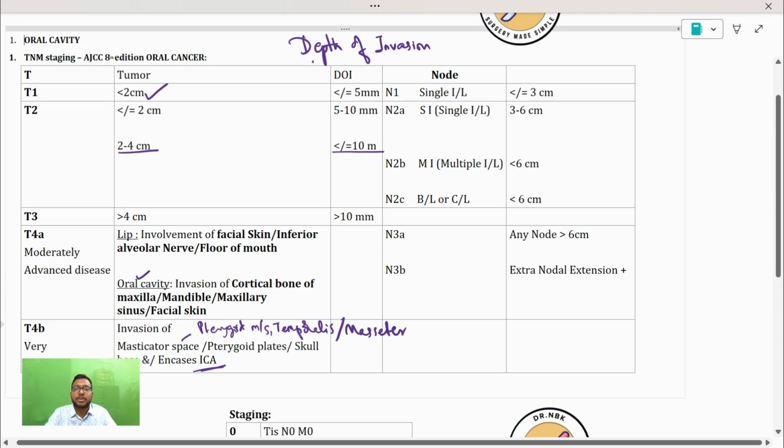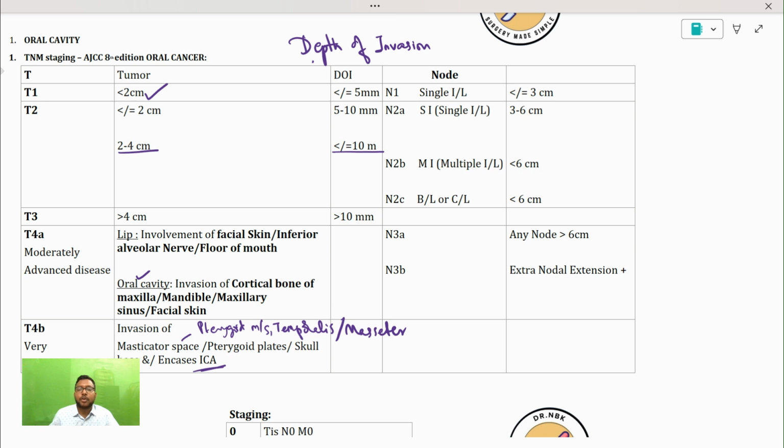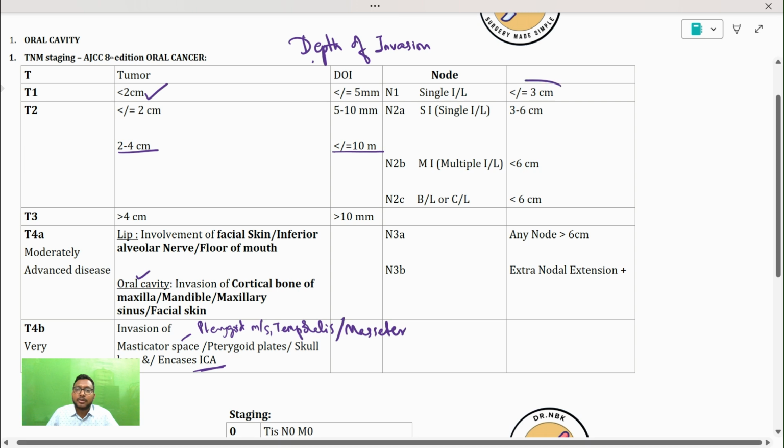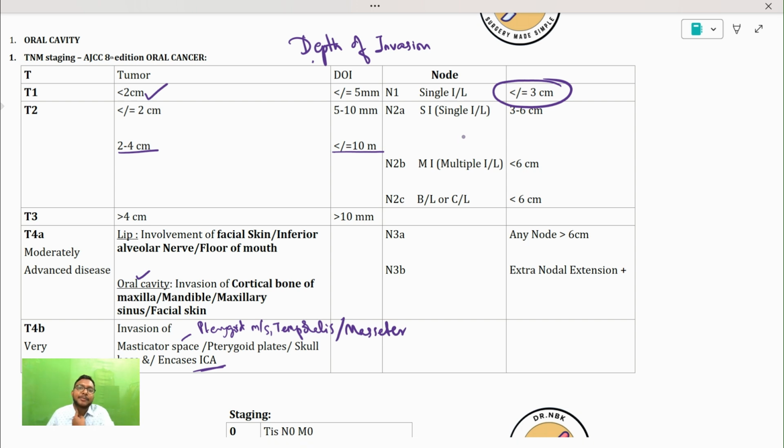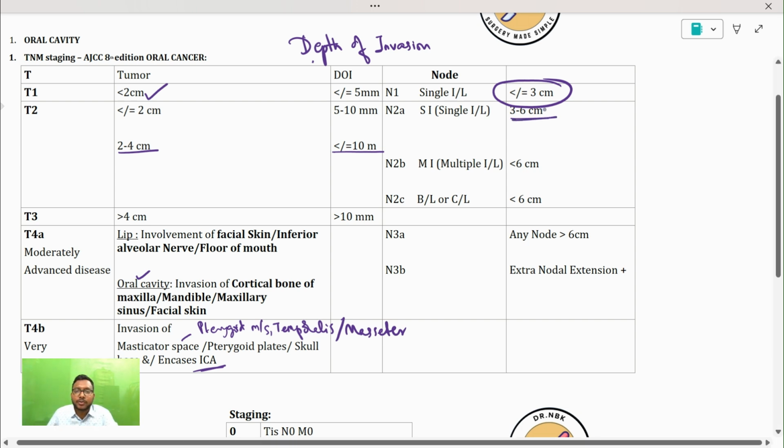Now let us look at nodal classification. So for node involvement, you have N1, N2A, N2B, N2C, N3A, N3B. You can easily remember: whenever you have a single ipsilateral lymph node less than 3 centimeters, it comes under N1. Whenever you have a single ipsilateral lymph node of 3 to 6 centimeter, it will come under N2A.